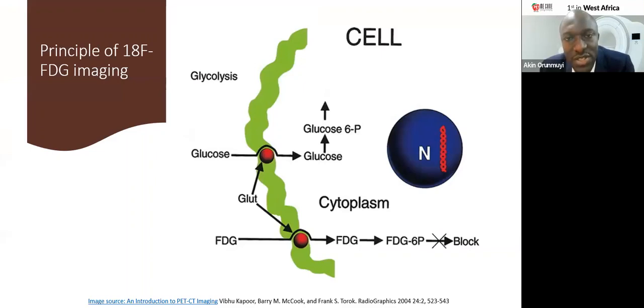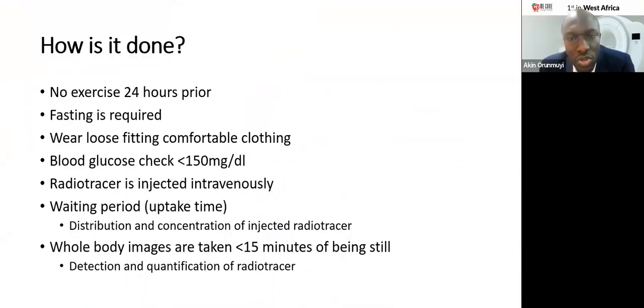But with FDG, this step is truncated at just where hexokinase acts. So because of that, the glucose is trapped within the cell. Next slide, please. And effectively, cancer cells use more glucose than normal cells. So you can distinguish metabolic signatures between normal and abnormal cells.